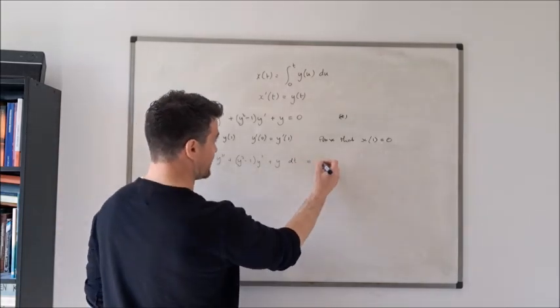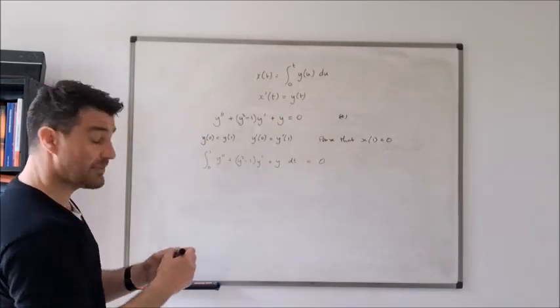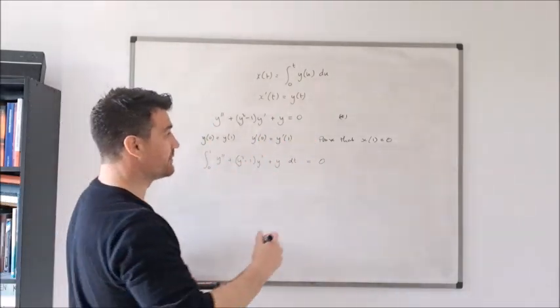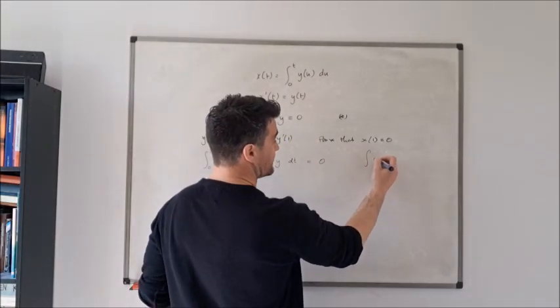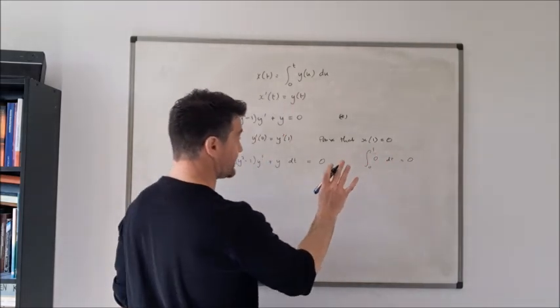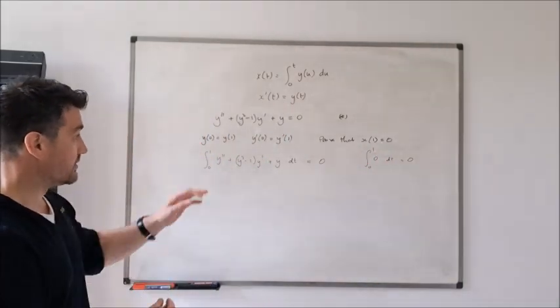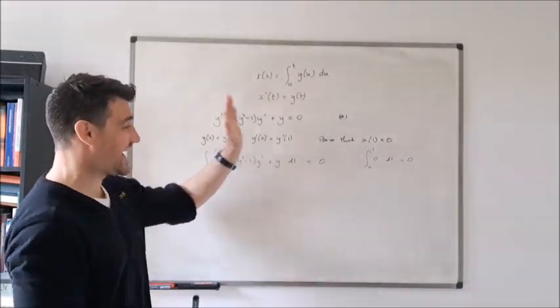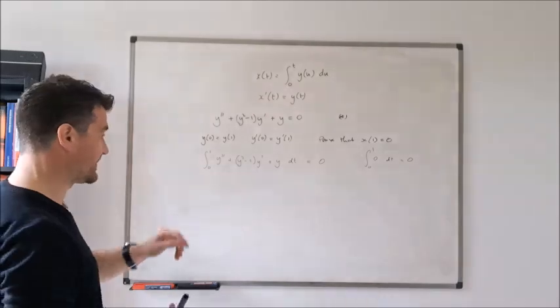And this is going to be equal to 0. Integrate the 0 function. Remember, we're integrating each side of this with respect to t. But the integral from 0 to 1 of 0 dt is just going to be equal to 0, okay?